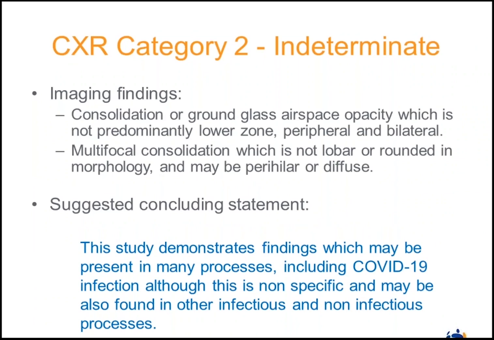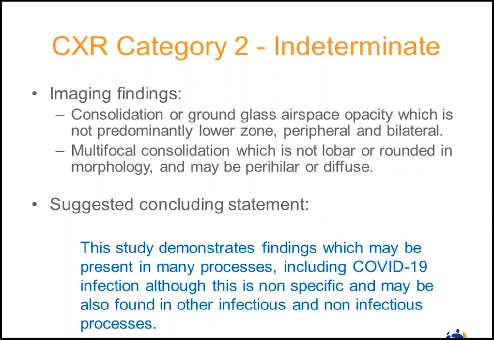The indeterminate category. So we've tried to mirror the language between the chest X-ray and the CT classifications, make them as similar as possible. But when we talk about chest X-rays, what you're really saying is, can you see consolidation or ground glass? You cannot usually tell if there's consolidation alone or ground glass alone. Sometimes you can, often you can't, particularly on the portable X-ray.